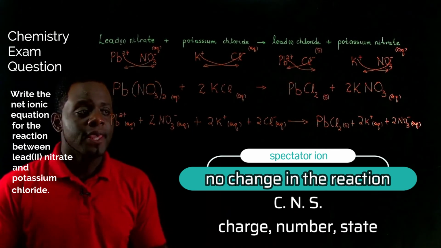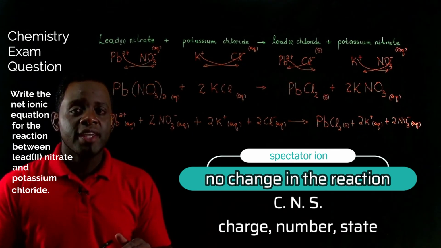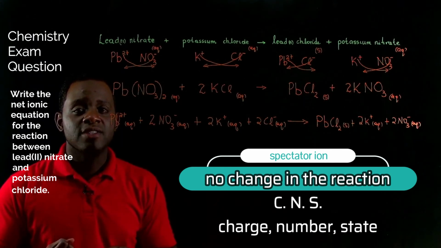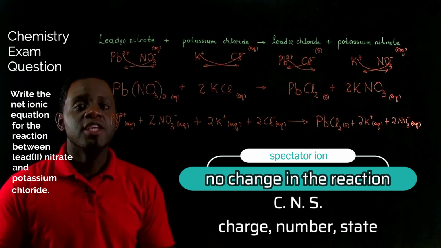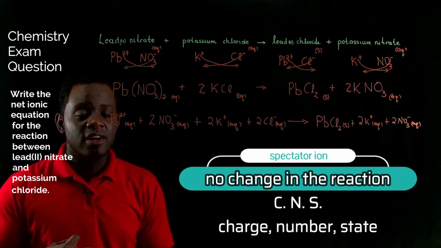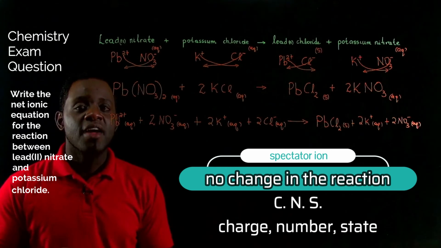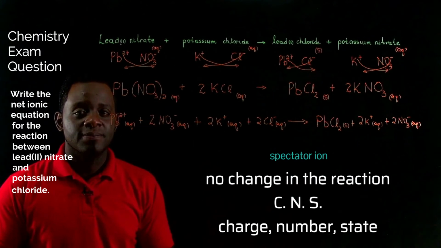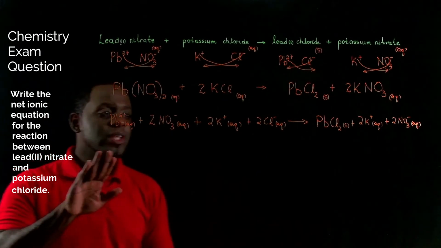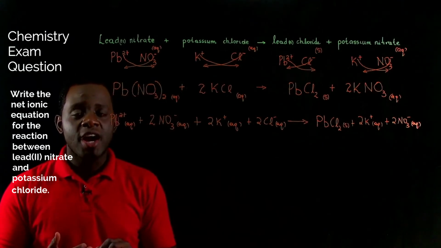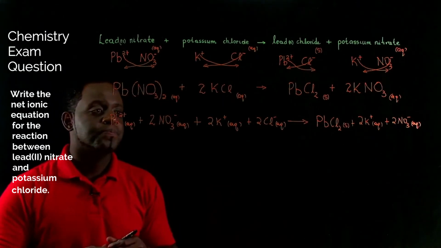So if there is no change in the ion's charge, the number of the ions, and the state of the ion, then that ion is a spectator ion. So let's see which of these ions is a spectator ion with no change in charge, number, and state.